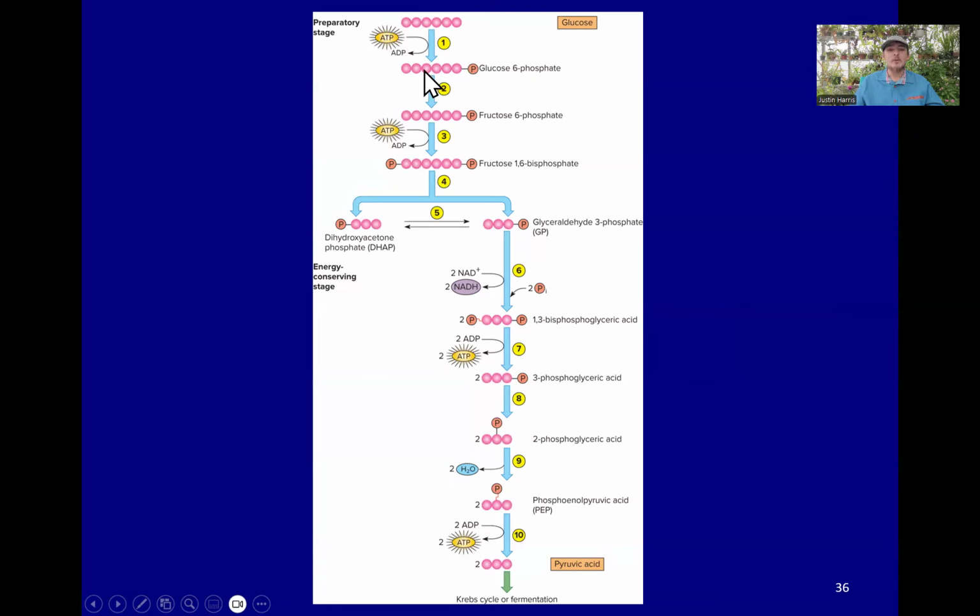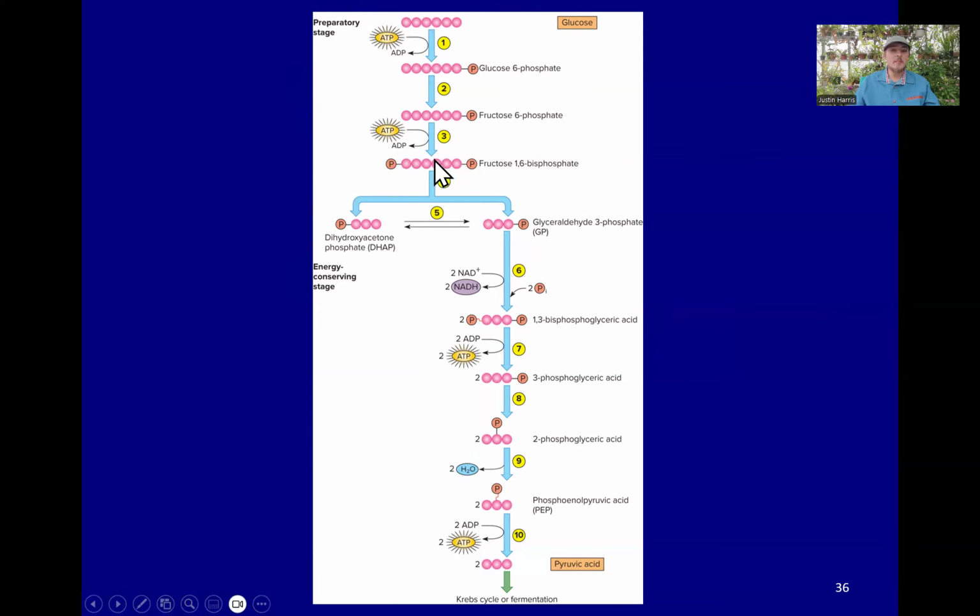And so now we have glucose 6-phosphate, and this then gets rearranged into fructose 6-phosphate, and another ATP is provided to phosphorylate the first carbon. And now we have fructose 1,6-bisphosphate because we have 2 phosphate groups. Notice that we've invested 2 ATP molecules into this pathway. So we're -2 energy molecules.